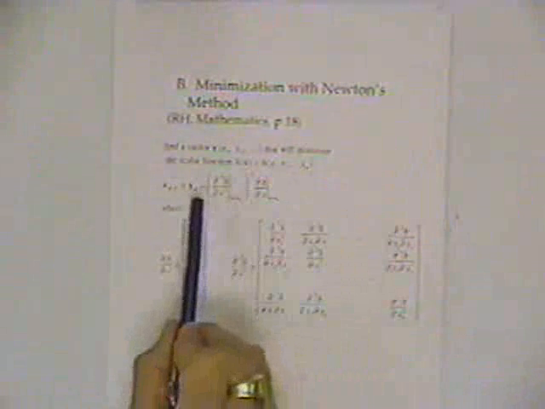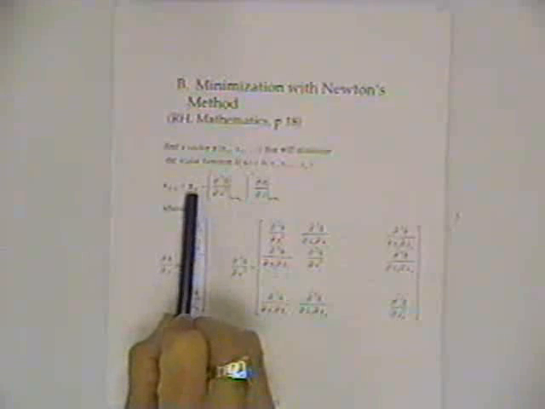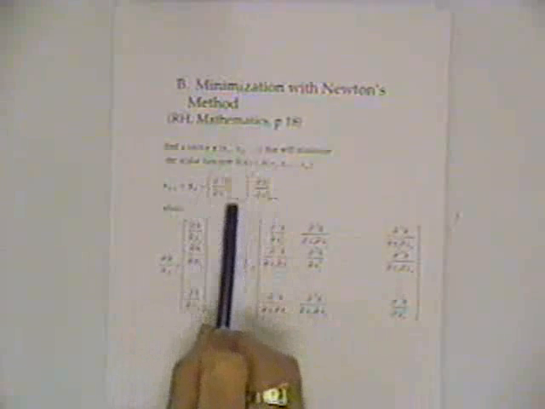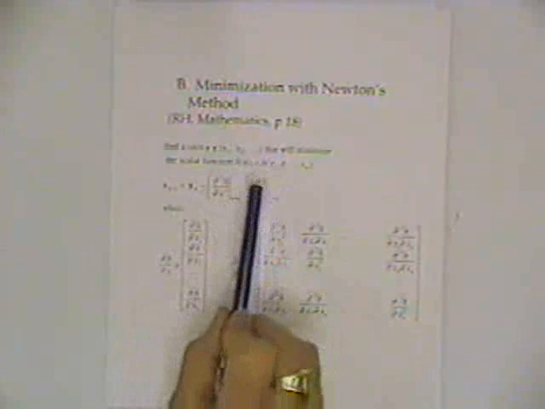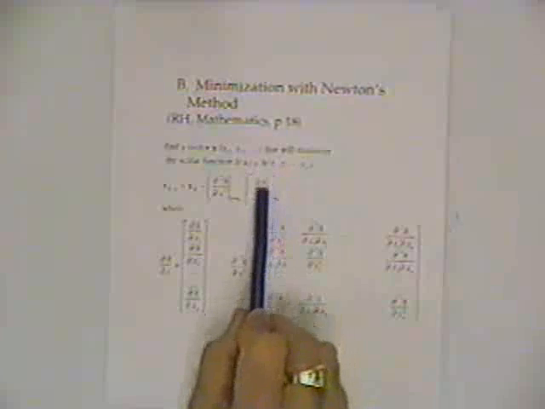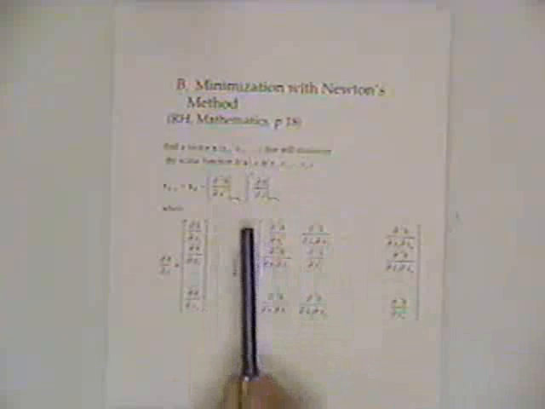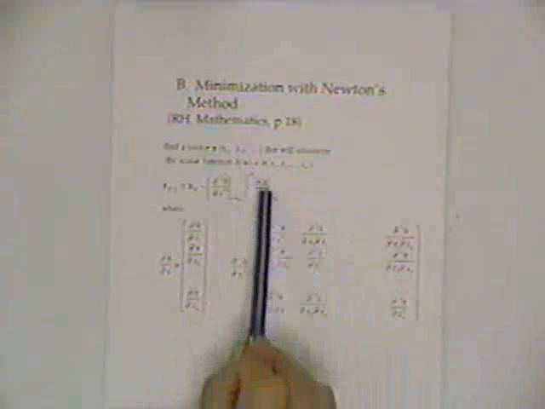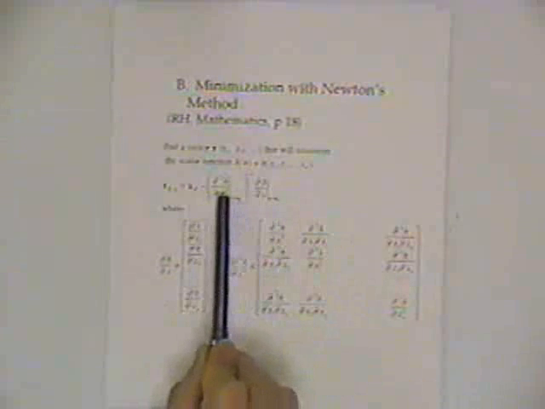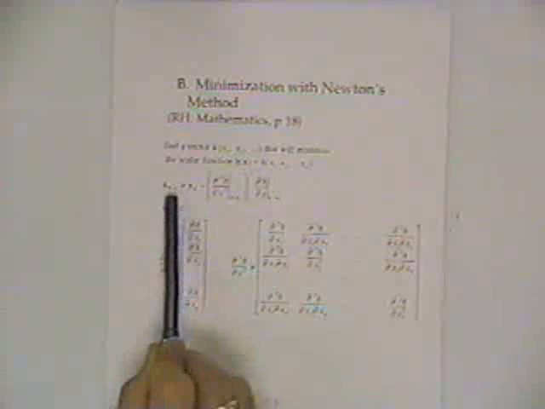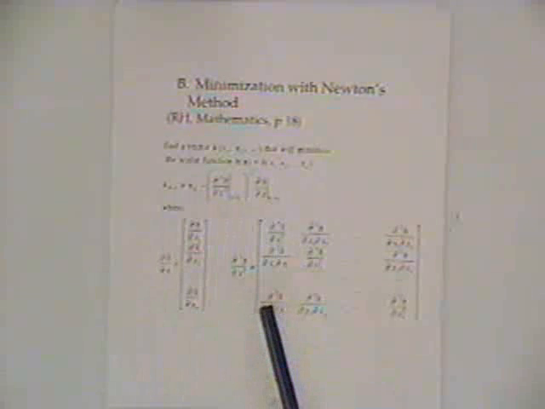But what it means is to start with an estimate of x. In this case, this is a vector function. You'll have a number of different values of x, and then what you see in this term is something that can be calculated. It is the inverse of this matrix multiplied times this matrix. So you have a matrix multiplication between the inverse of this matrix times that matrix, which will give you a vector which you subtract from the vector of old values of x to get the estimate for the new value.